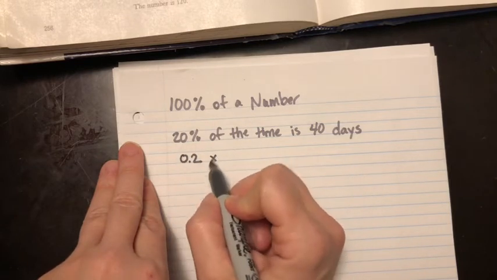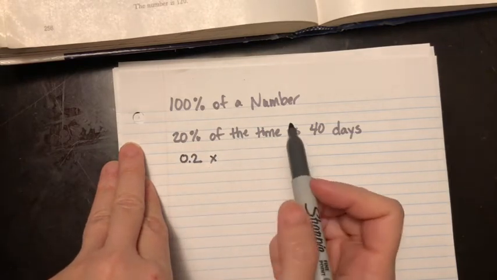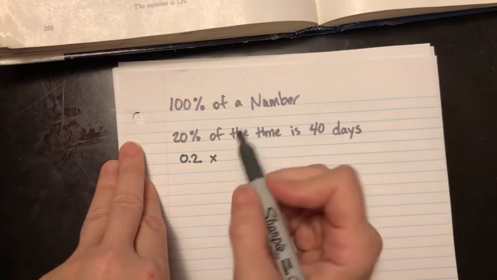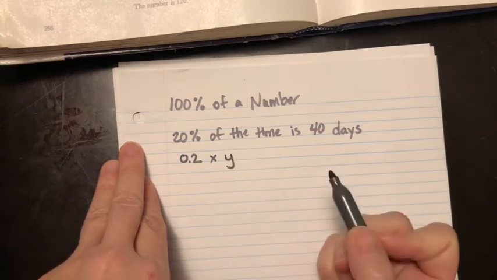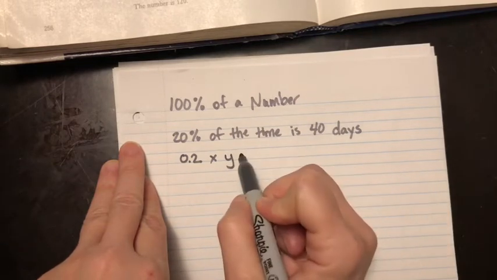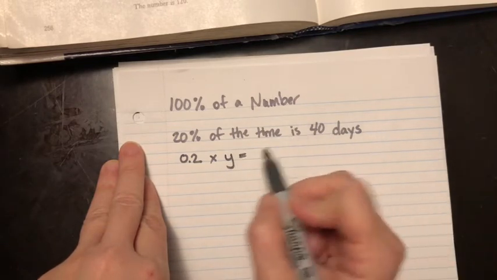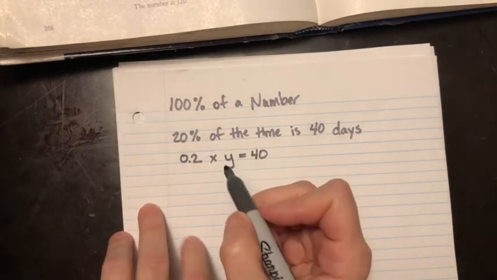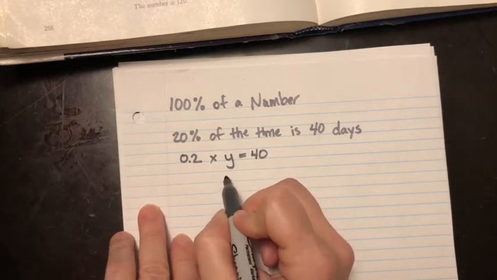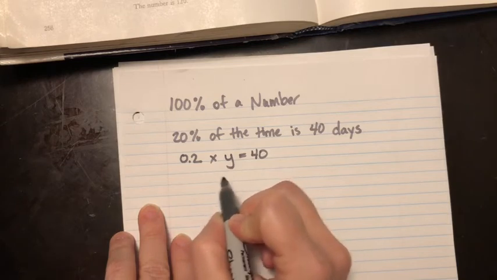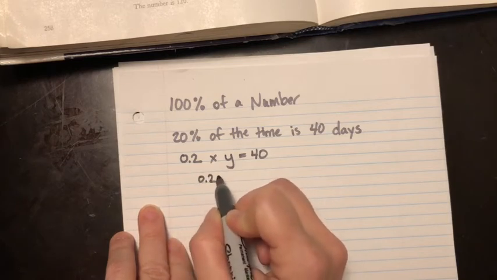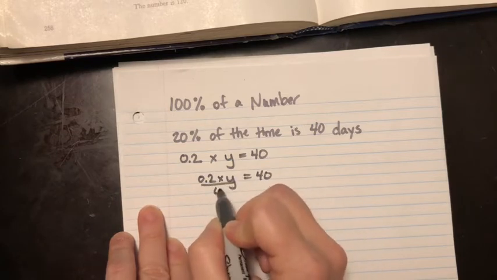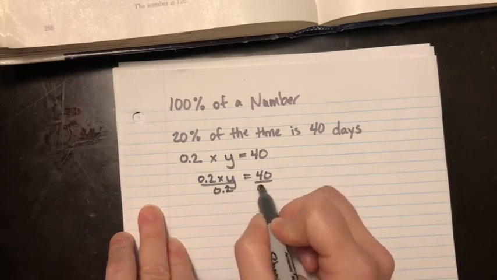So "of" is multiplication. The time, this is what we're trying to find, right? How much production time is it actually going to take to make the movie? We'll call it y, because I like the letter y. Is going to be my equal sign, and then I've got 40 days. So this is going to be 0.2 times y equals 40, and I'm going to divide both sides by 0.2.